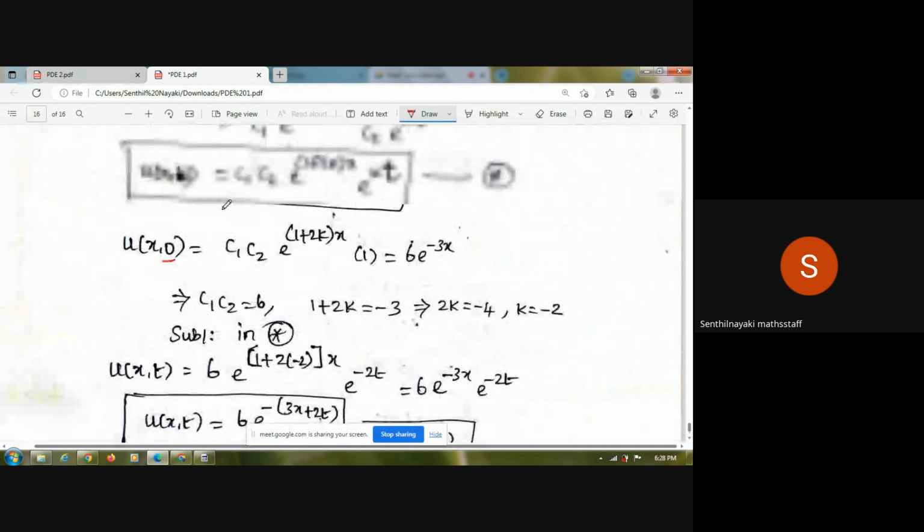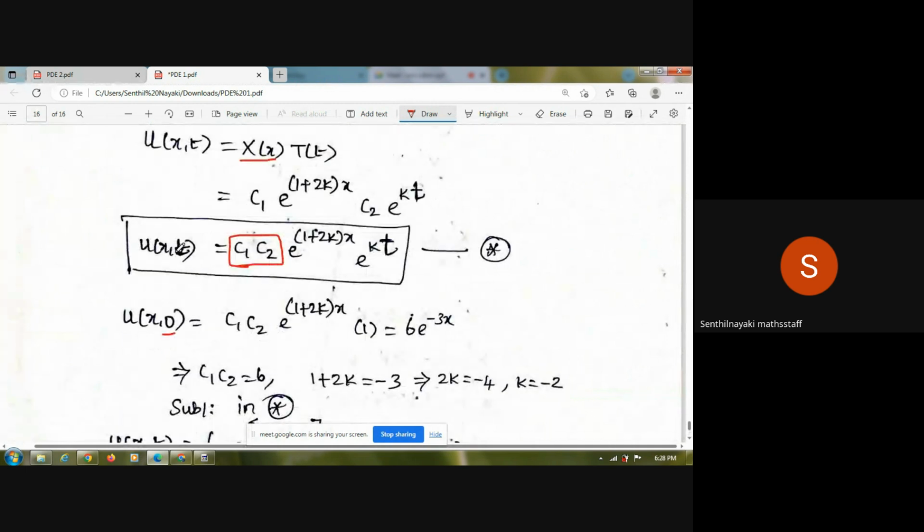So substitute in this solution. Substitute t equal to 0 in the left hand side and the right hand side. So t equal to 0 means, c1 c2, this term involving x, there is no change in this term, so e power (1 plus 2k) into x.